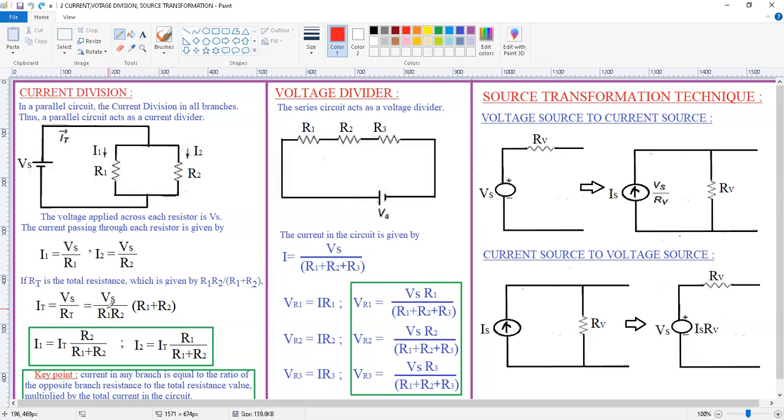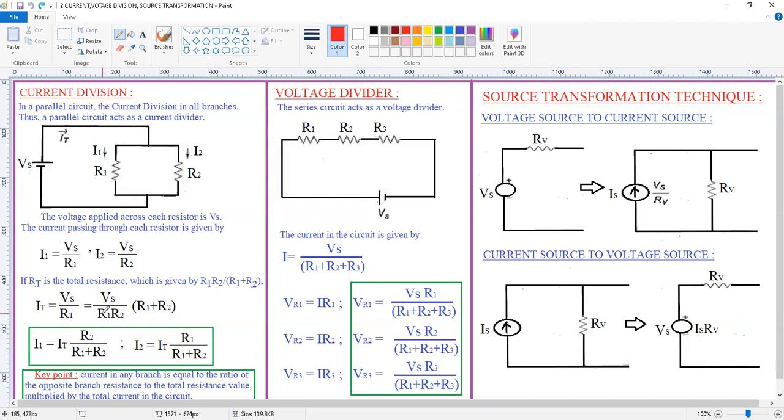Now the total current is Vs by RT, and RT is R1 R2 by R1 plus R2. Now substitute R1 R2 by R1 plus R2 here. Okay. After that, you will get this equation. If you solve the equation, you will get like this.